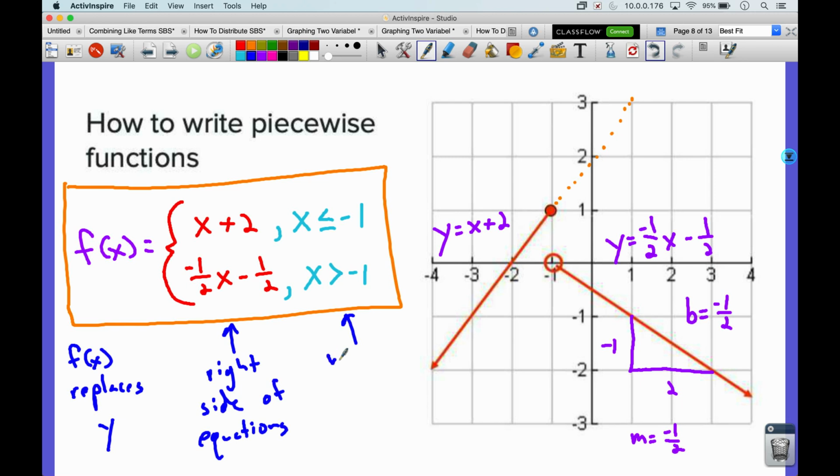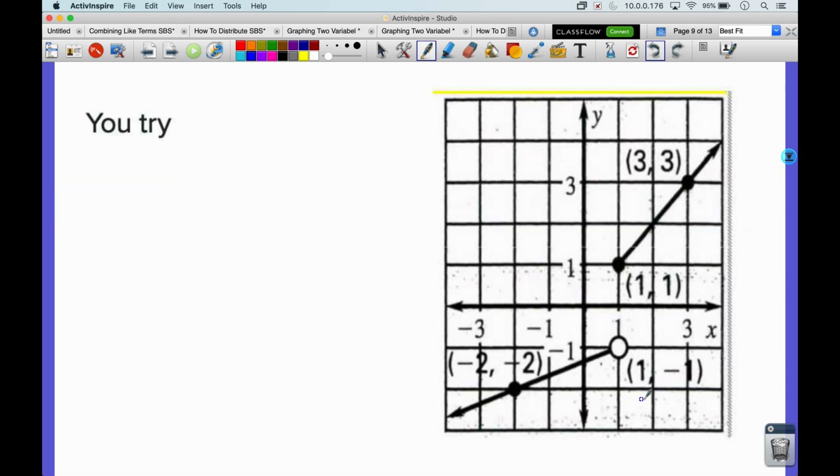And this is where the lines exist. But we only care about the x values for where they exist. We don't really care that this line stops when y is equal to positive 1, just that x is equal to negative 1 when it stops. All right, let's just keep practicing this.